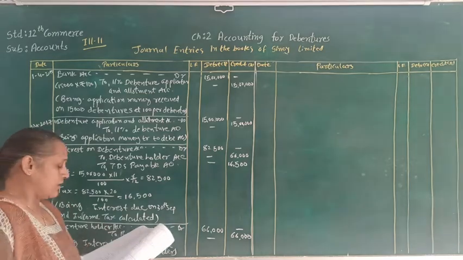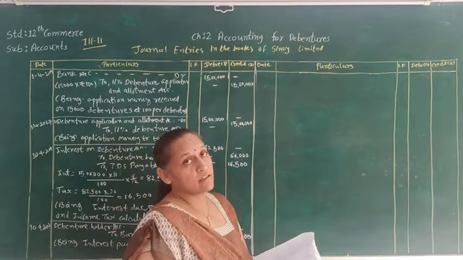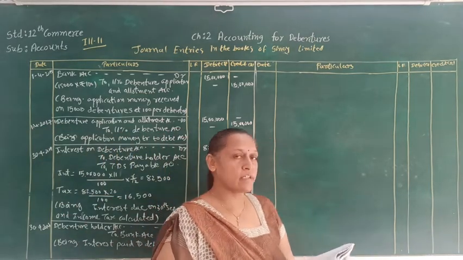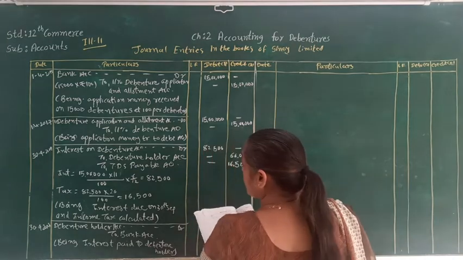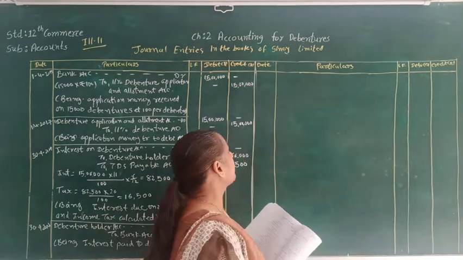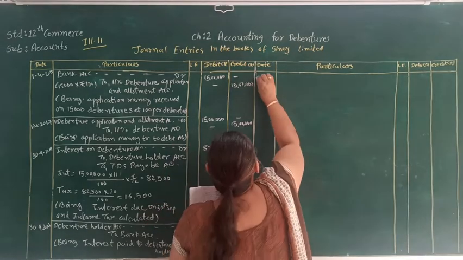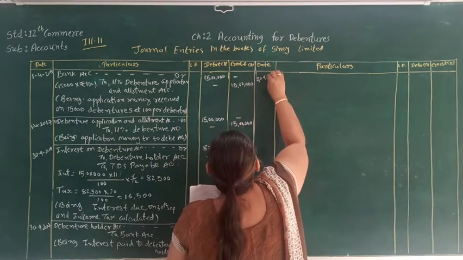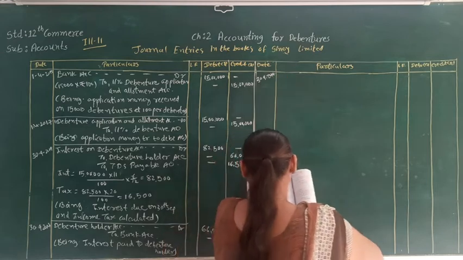Now, when we pay the TDS amount, the journal entry will be TDS payable account debit to bank. Let's pass that journal entry on 30th September 2017.